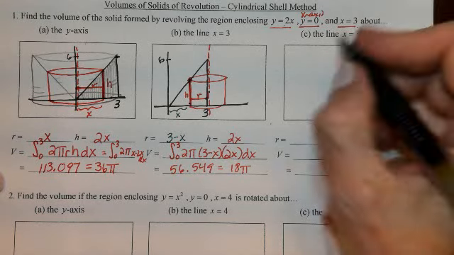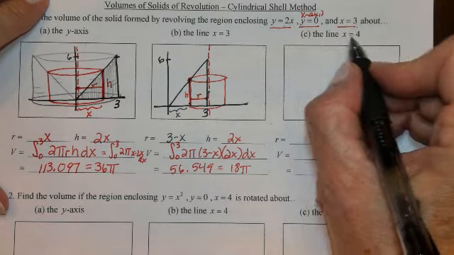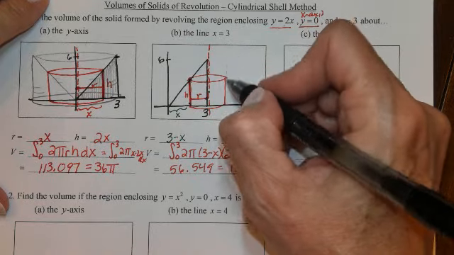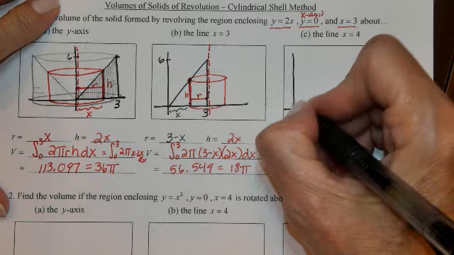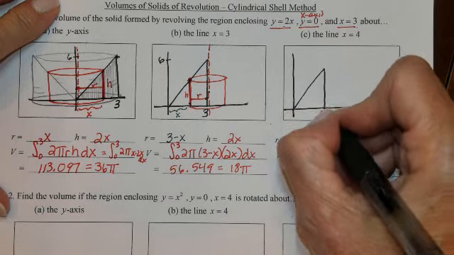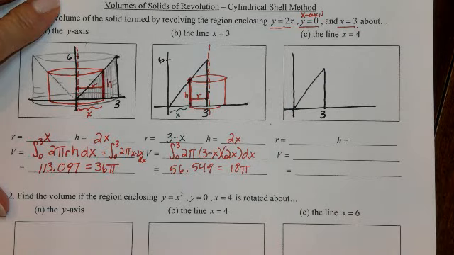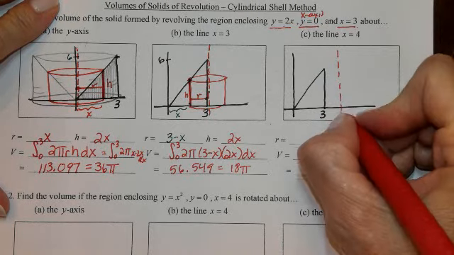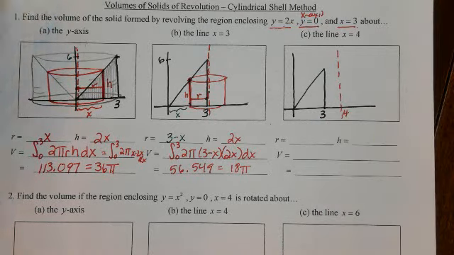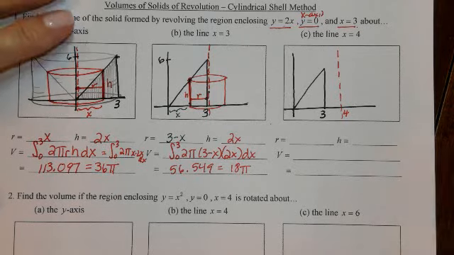Next one. We're going to now revolve it around the line x equals 4. So x equals 4 will be out here. So let's see what that does. Here's our region. And now we're going to revolve it around x equals 4. So dotted line, always on your axis of revolution. Dotted line there. Now draw your slice.